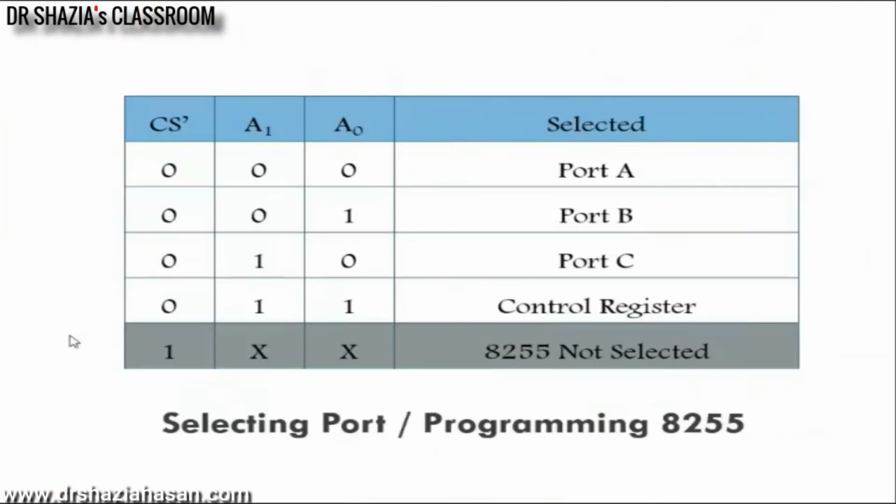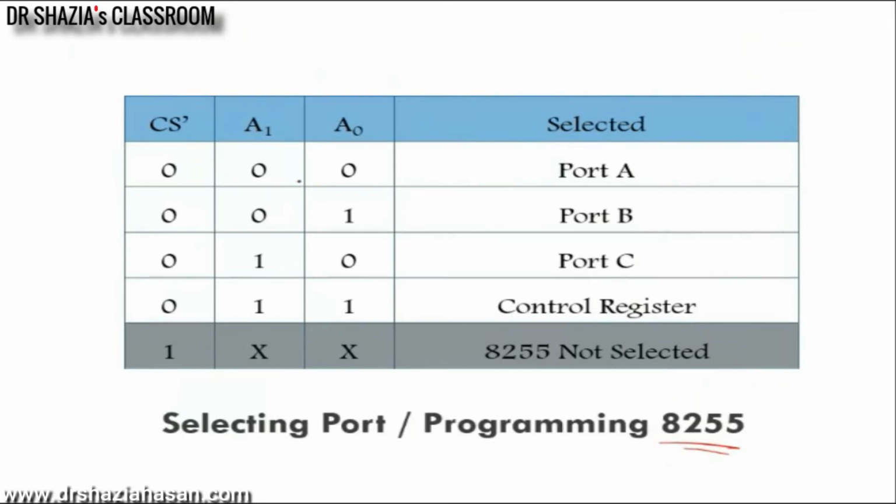When A0 and A1 go 00, port A gets selected. So if you want to communicate to port A, then the address lines A0 and A1 of the 8255 should be 00.